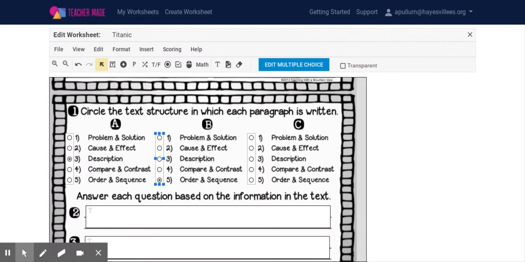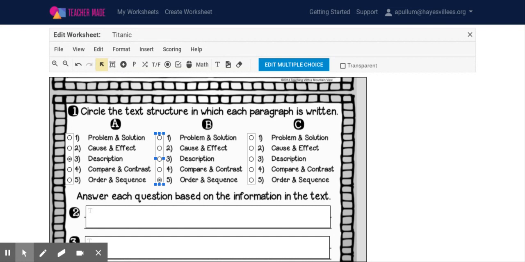Okay, so the Titanic is one of the biggest tragedies that have happened to a ship in our history. It's still very intriguing to a lot of people. And while there are a lot of details that they're still researching and finding out, we know what the main problem was, and we know what caused this problem.